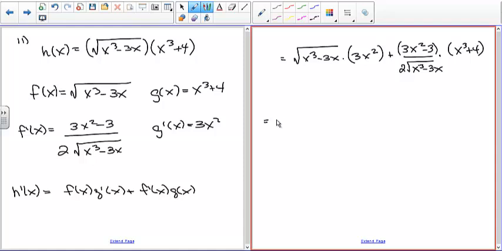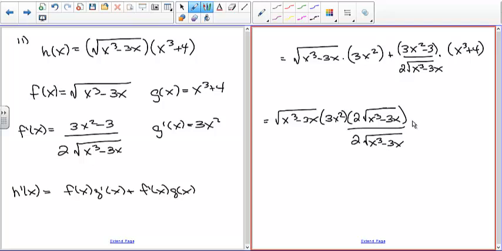So what we'll do is we'll take the first part and multiply by 2 times the square root of x cubed minus 3x, and divide by 2 times the square root of x cubed minus 3x. And the second part just stays the same: 3x squared minus 3 times x cubed plus 4, all divided by 2 times the square root of x cubed minus 3x.